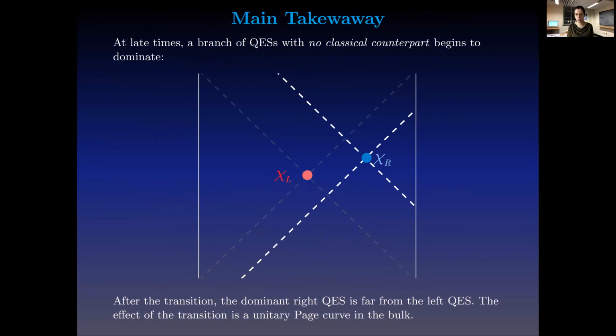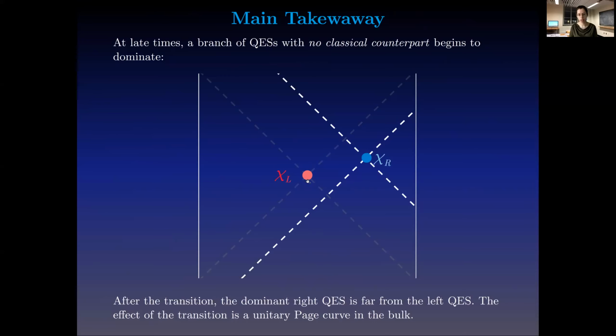Now, the relevance to this work, of course, is that the unitary Page curve is computed by the quantum extremal surface prescription. So the point that we'll need for the rest of the talk is that as you evaporate the right side of the black hole into some lower temperature reservoir, what happens is that at late times, there is a new quantum extremal surface.